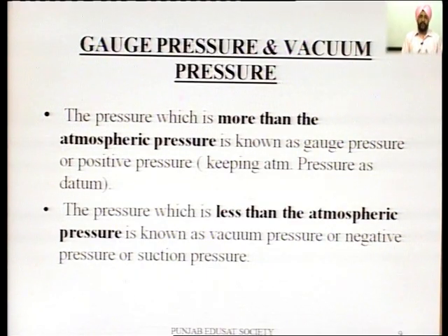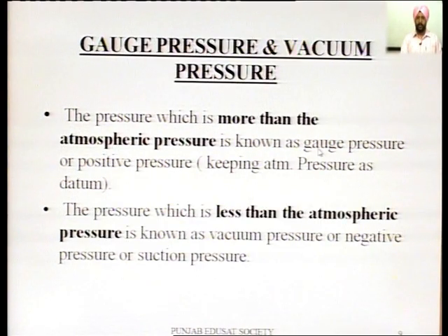Moving to two different types of pressures, the gauge pressure and vacuum pressure. Now, what is gauge pressure? We have just seen the term atmospheric pressure. Relating gauge pressure to atmospheric pressure, the pressure which is more than atmospheric pressure is known as gauge pressure.